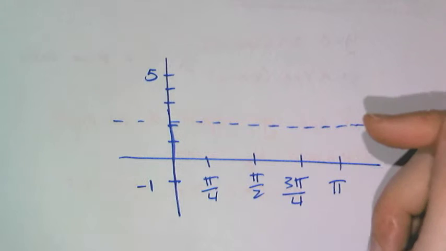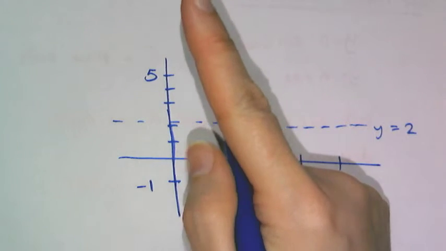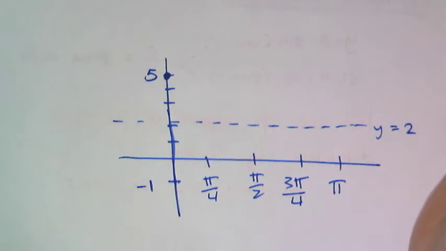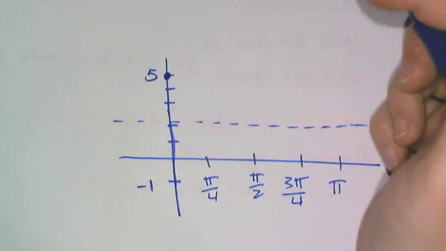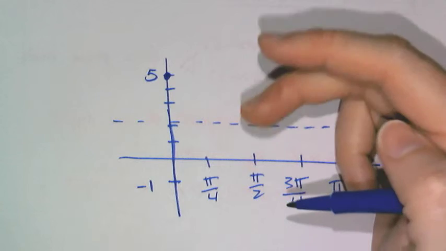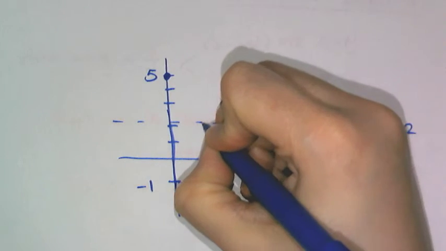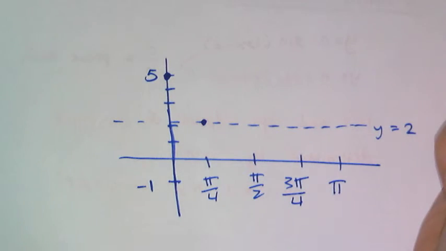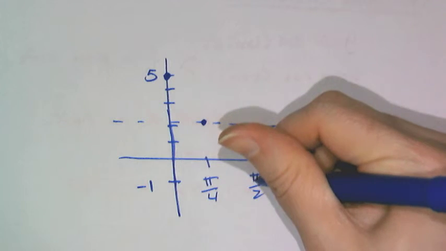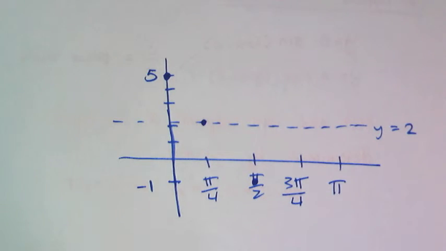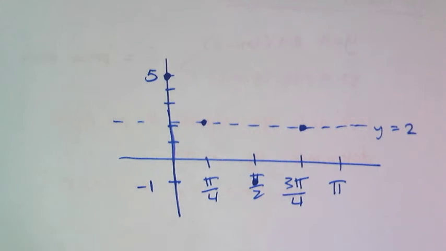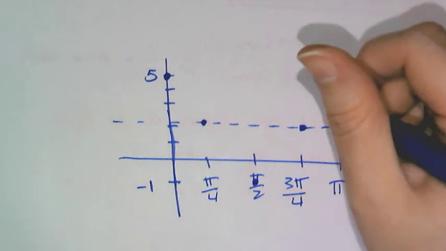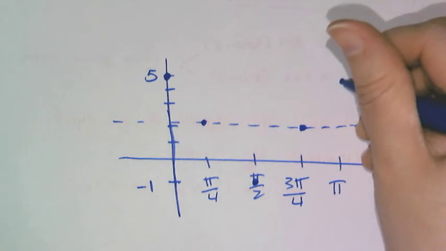Now, since it was cosine, it starts off at its maximum up here at 5. And then at the first key point, pi over 4 in this case, it hits what used to be the x-axis, but now the line y equals 2. And then at pi over 2, it hits its minimum over here at -1. And then at 3 pi over 4, it comes back to the line of oscillation. And at pi, it goes back to its maximum.